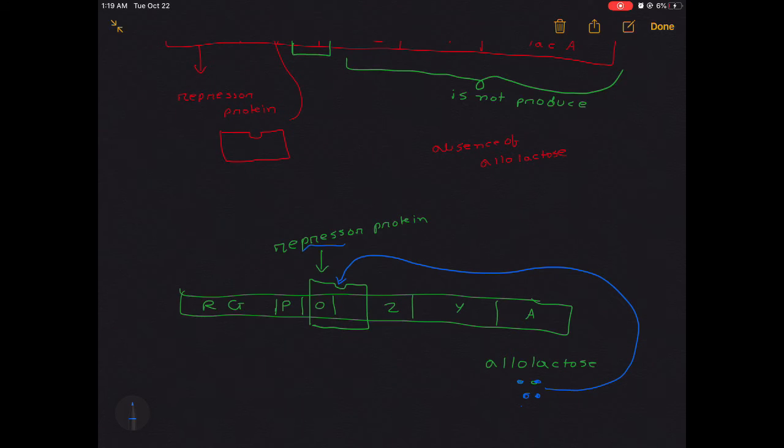Now, our repressor protein is what we call allosteric. That is, it has two binding sites, one for allolactose and one for the operator region of our DNA.